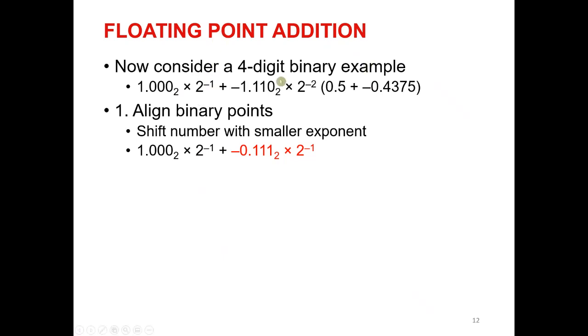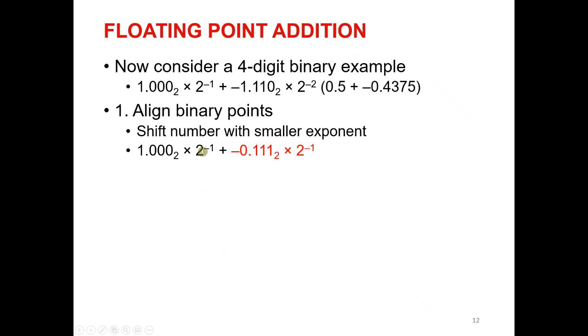In this case, the -2 is the smaller one, so we shift the number and we increment or decrement the exponent adequately. So we have shifted the smaller exponent to the right 1 position, and we have incremented the exponent 1 position.